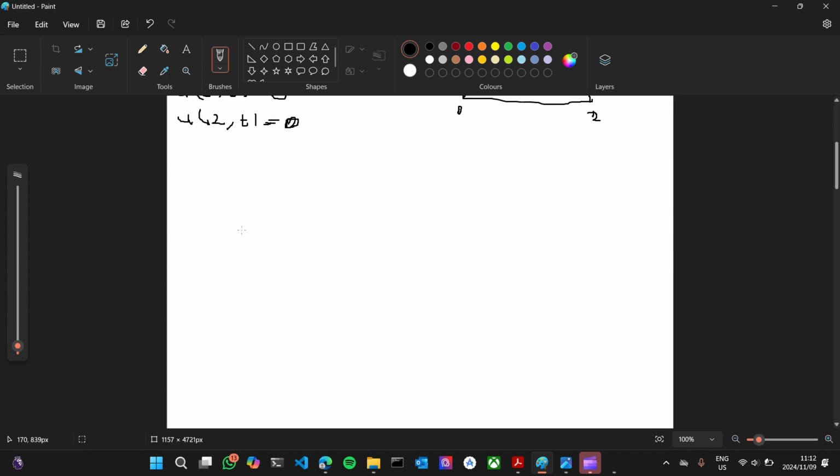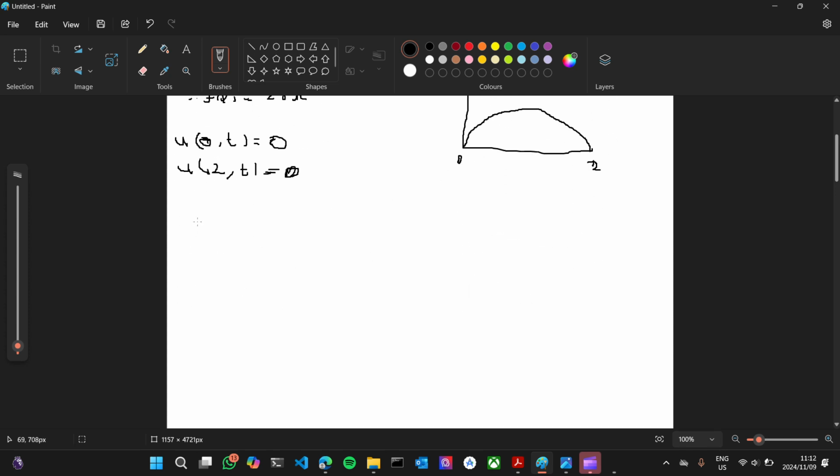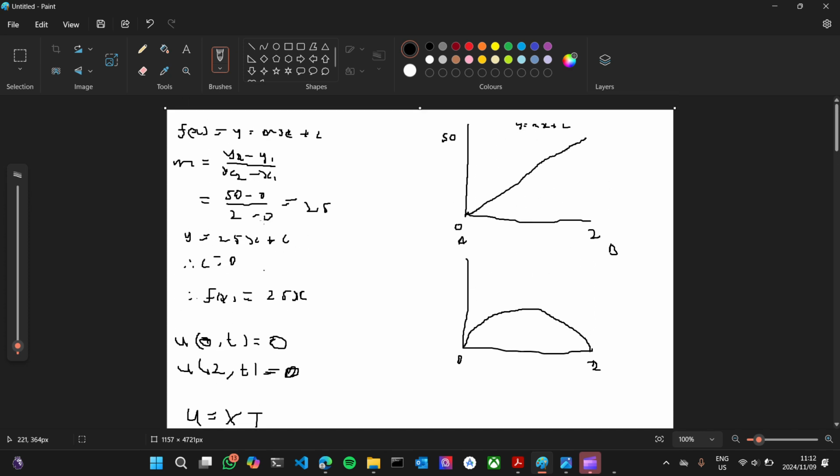So now let's describe a general solution for our system. We know that we can assume a general solution of a function in terms of x times a function in terms of t that will give us our general solution.